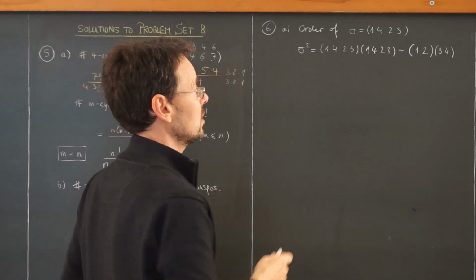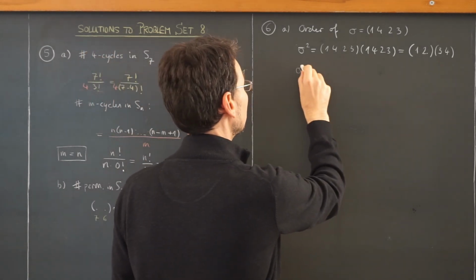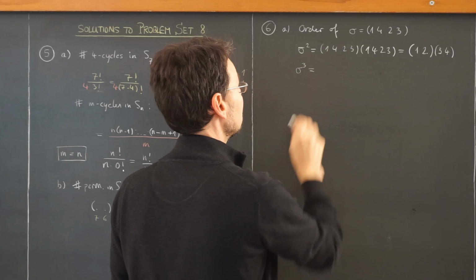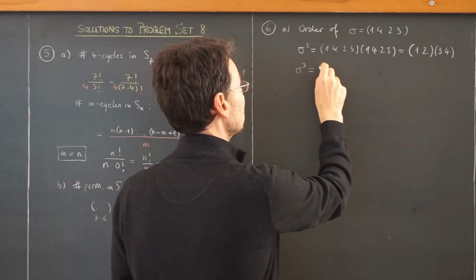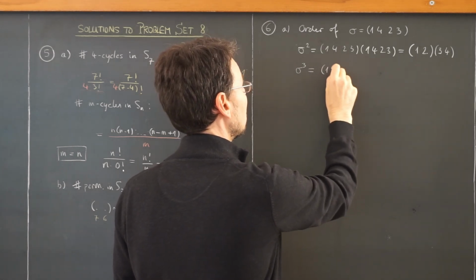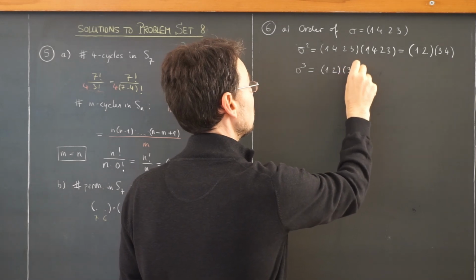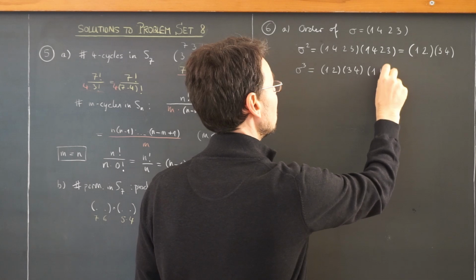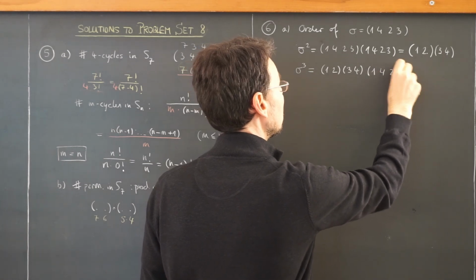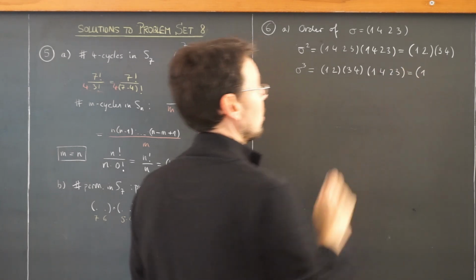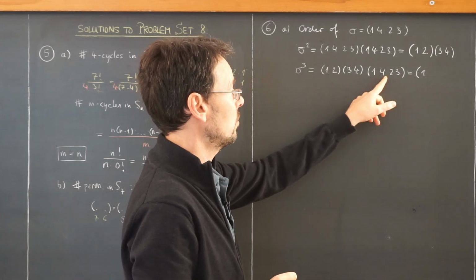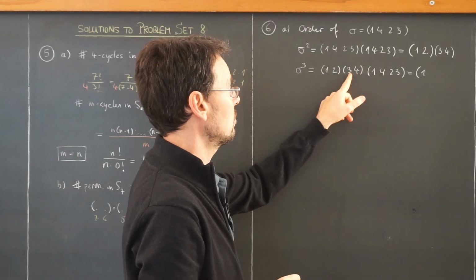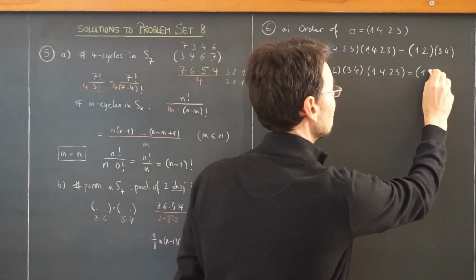of 2 disjoint transpositions. So let's find sigma to the 3rd power, which is sigma squared, so 1, 2, 3, 4, and then composed with sigma. So let's plug in the 1, 1 goes to 4, 4 goes to 3, 3 stays where it is.